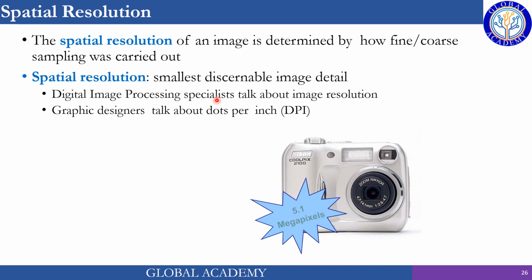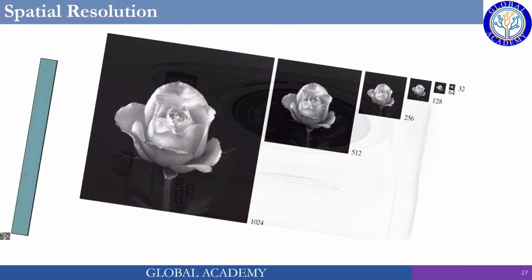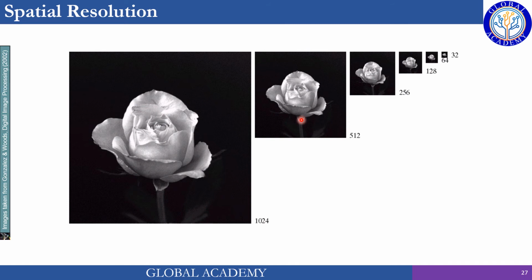A digital image processing specialist talks about image resolution, I mean the number of pixels along the x-axis and y-axis, whereas graphic designers talk about dots per inch. This is an example of a variety of spatial resolutions.